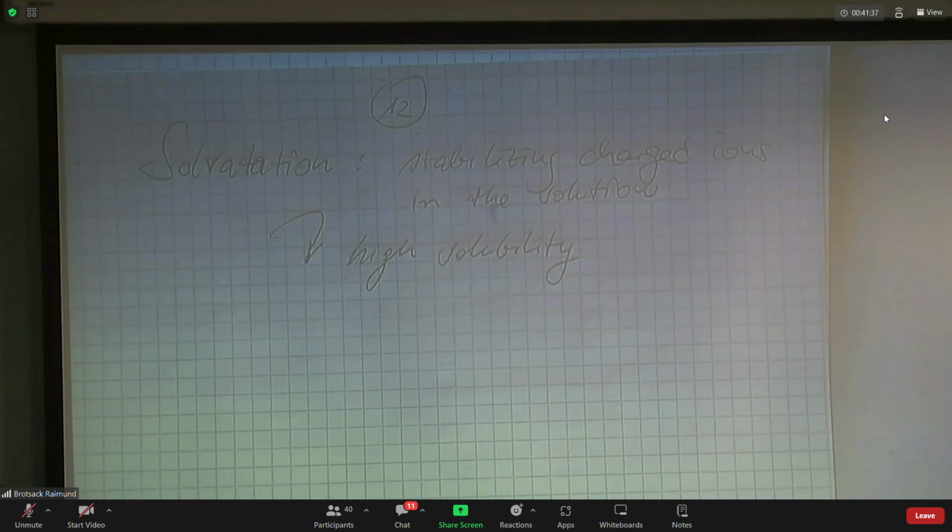One is in grams per liter, and the solubility product is in mole per liter, or in mole squared per liter squared. We will explain that later on. Okay. So this is what we had to talk about, the ionic bond.